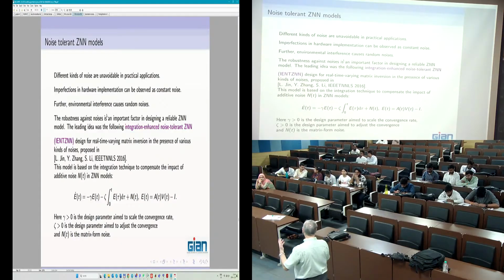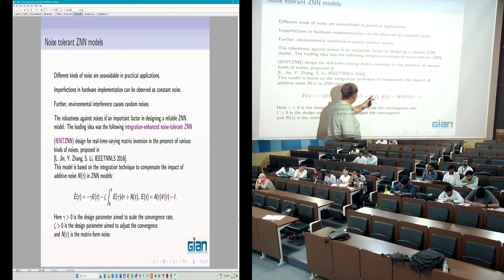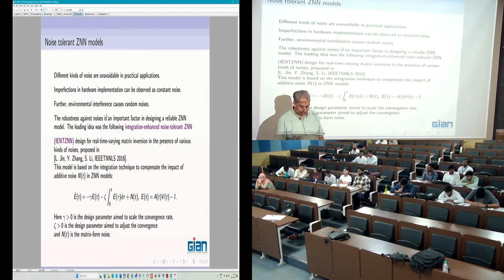Gamma here is our well-known design parameter, the gain parameter. Zeta, of course greater than 0, is a new design parameter aimed to improve convergence. Our expectation was that this integral term will be able to solve the problem with the presence of noise, in this case additive noise.